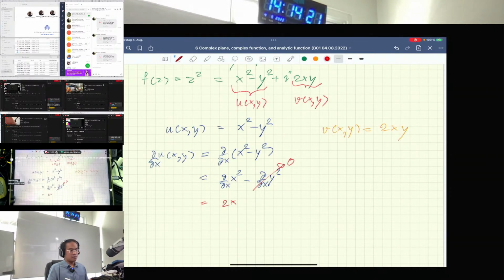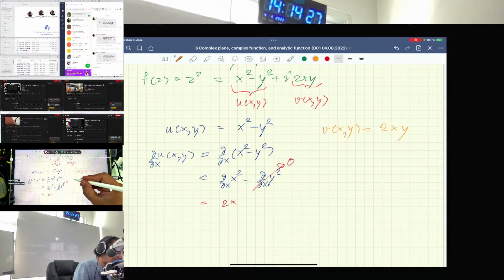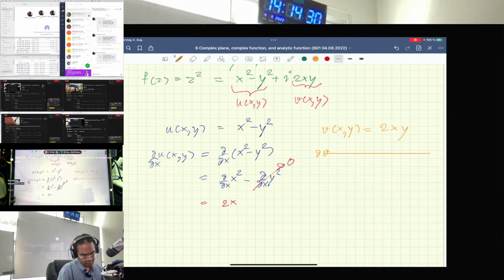And what is the partial derivative of v with respect to x? The partial derivative of 2xy with respect to x is equal to 2y.